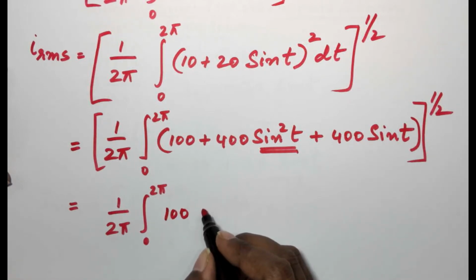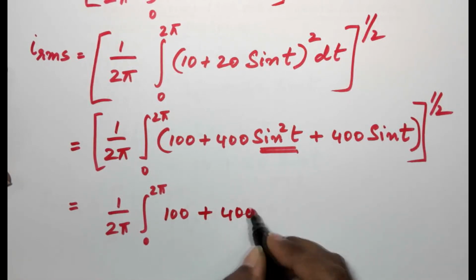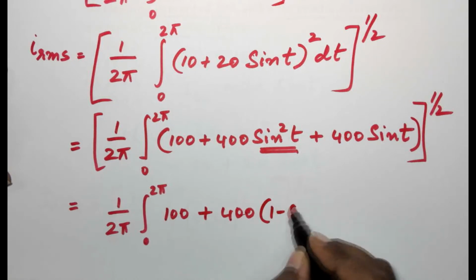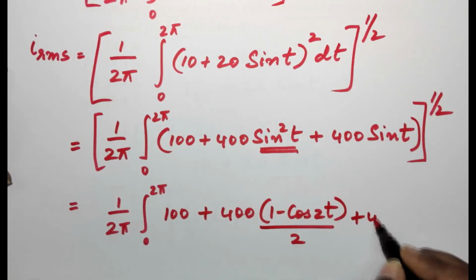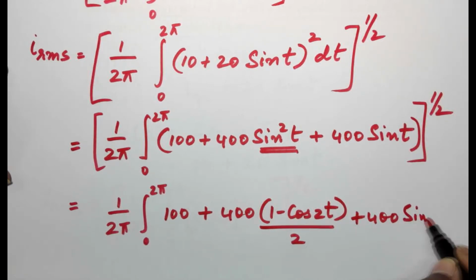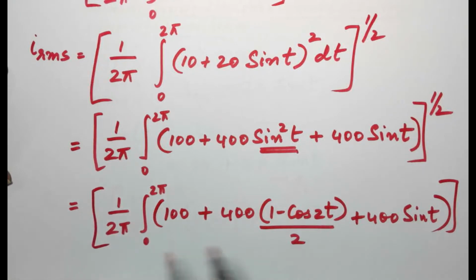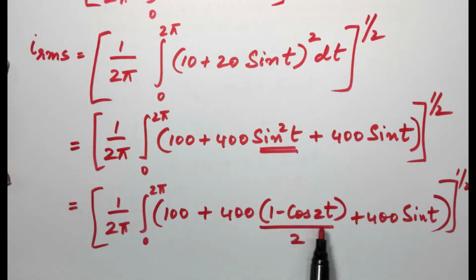So we write it as 100 plus 400 into 1 minus cos 2t by 2 plus 400 sin t. The whole of this expression is under root. Now 400 into 1 minus cos 2t by 2 is 200 times 1 minus cos 2t. That's our next step.